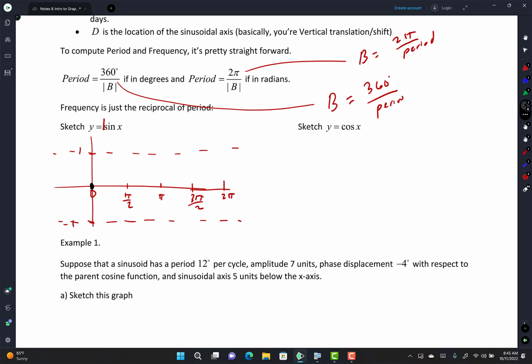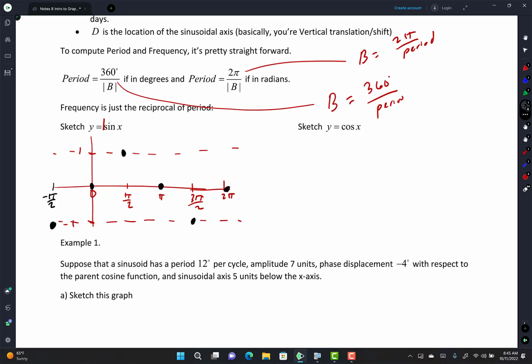So sine of pi over 2 is not 0. It's 1. Sine of pi over 2 is 1. Sine of pi is 0. Sine of 3 pi over 2 is -1. And then finally, sine of 2 pi is 0. And if I were to go backwards here and say this is negative pi over 2, sine of negative pi over 2 is -1. That's equivalent to 3 pi over 2.